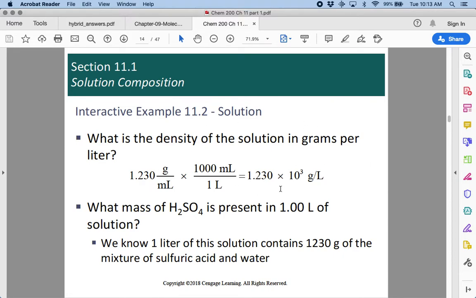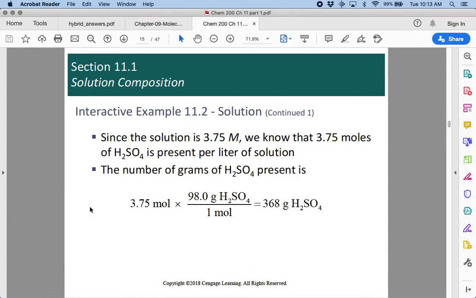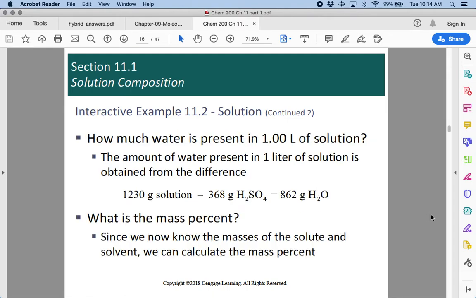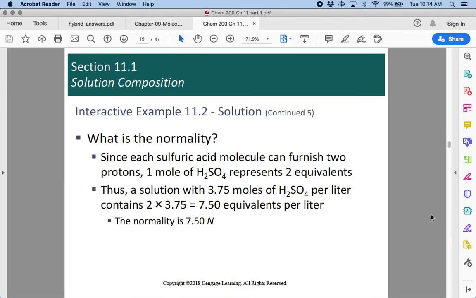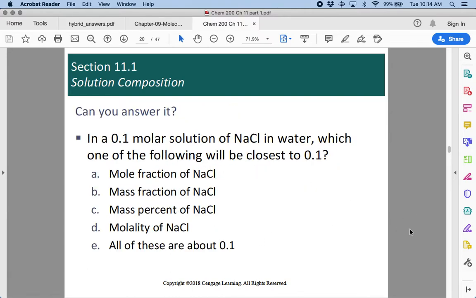To be able to do it, we first need our density and our mass, and from that we can go ahead and start calculating our answer. And then lastly, to do the normality, since we'll be able to figure out that sulfuric acid can donate 2 protons, because it's H2SO4, so both of these are acidic hydrogens, we can get 2 equivalents of it. So go ahead and answer this question.